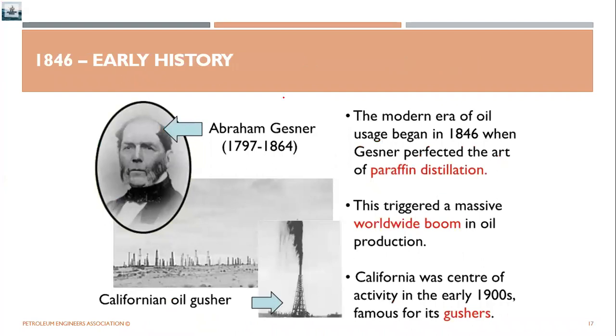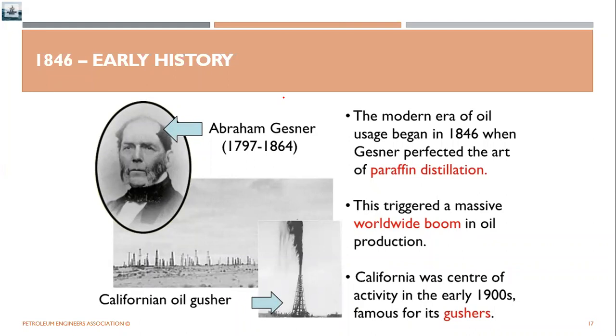Now, talking about the history, everything is a mystery to everyone until it is discovered, until society understands its worth, until people start realizing and utilizing it for a better cause. So oil and gas did exist from time immemorial.